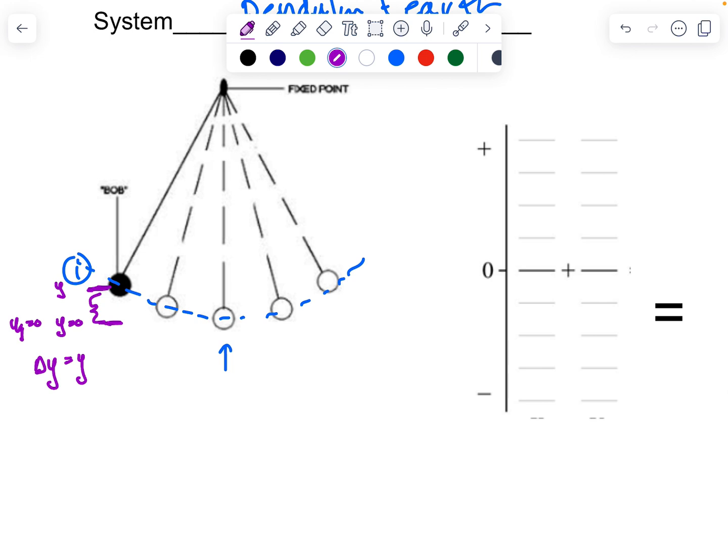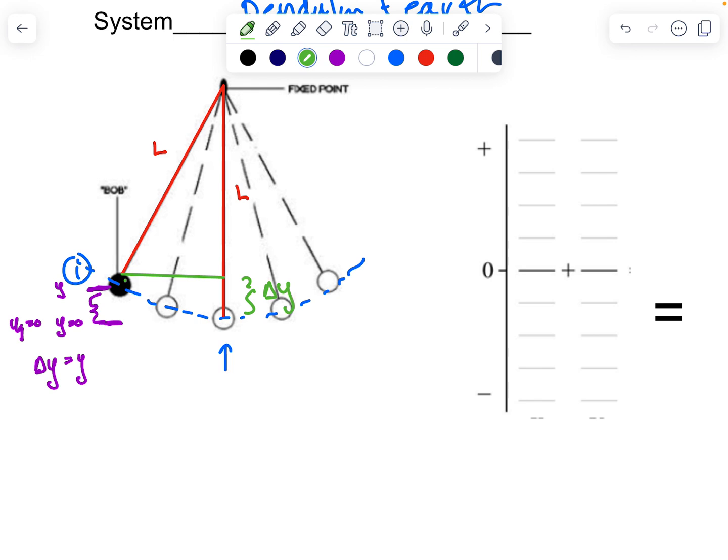This is where we have to use a little bit of trig to figure this out. If I draw this line right to the top of the pendulum here, this represents the length of the pendulum. This is also the pendulum string, and this also represents the length of the pendulum. Now, if I create a line right here, this is going to be our change in height of the pendulum.